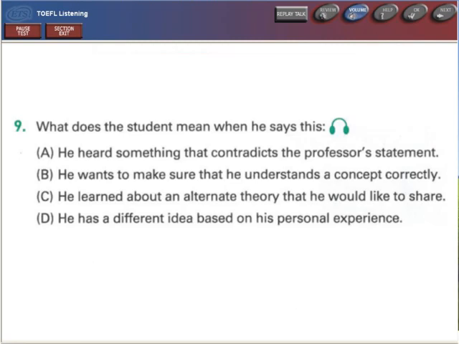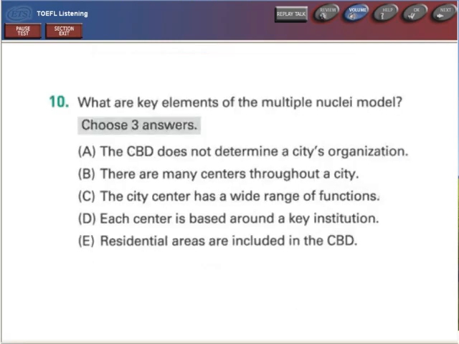So what I'm hearing is, 10. What are key elements of the multiple nuclei model?